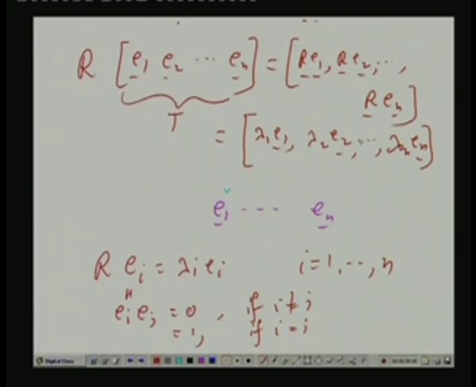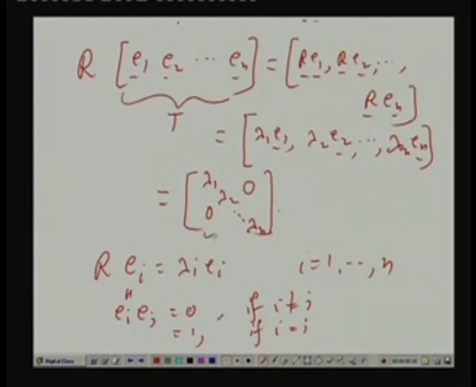Since time is short, I will be doing it a bit fast. You can easily write it like this. You can have a diagonal matrix with lambda 1 and so on, and remember it is a diagonal matrix with real valued diagonal entries, and the diagonal entries can be positive if R is given to be positive definite.